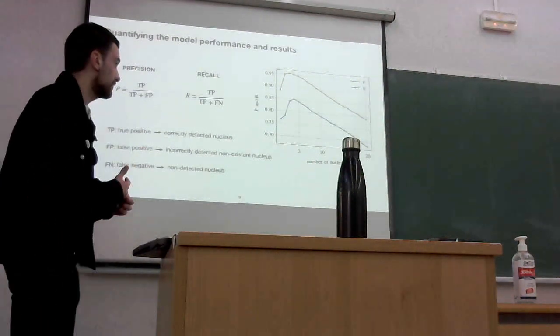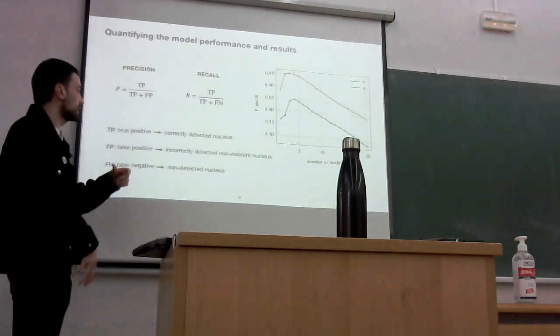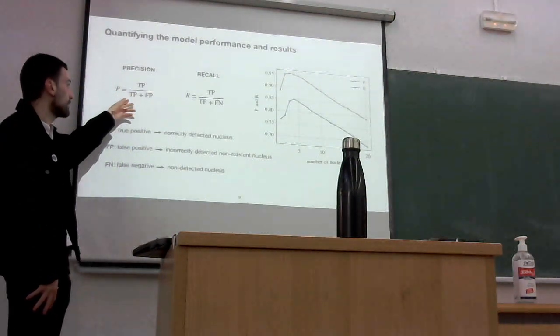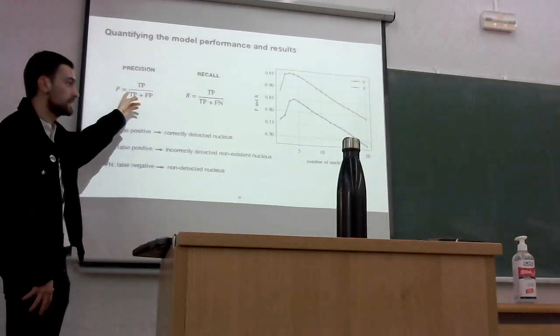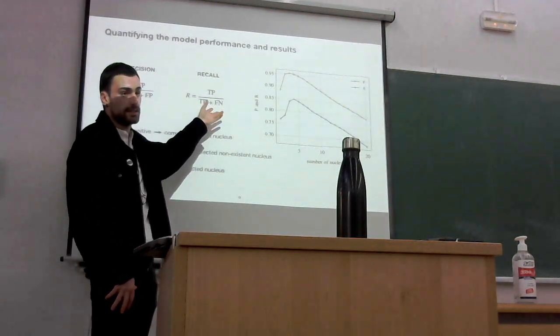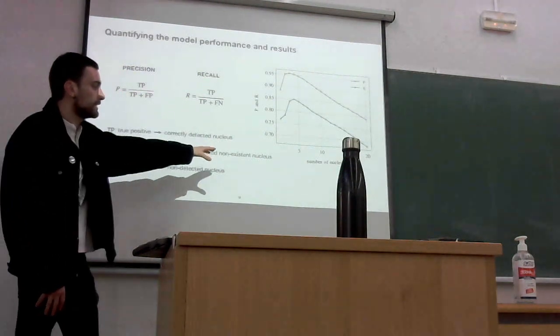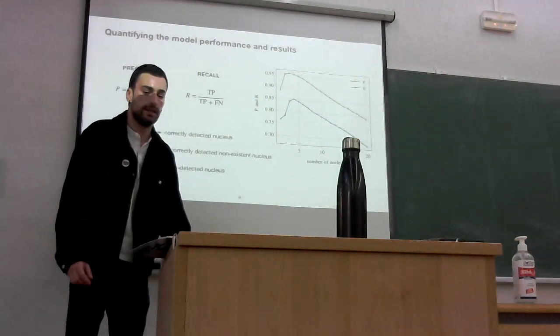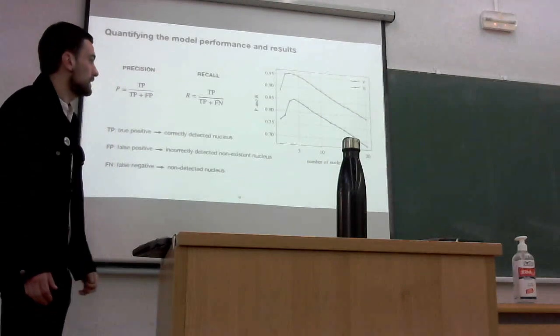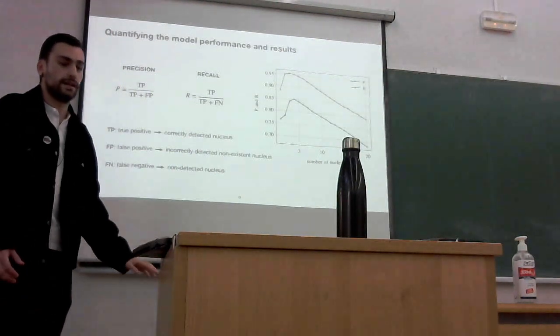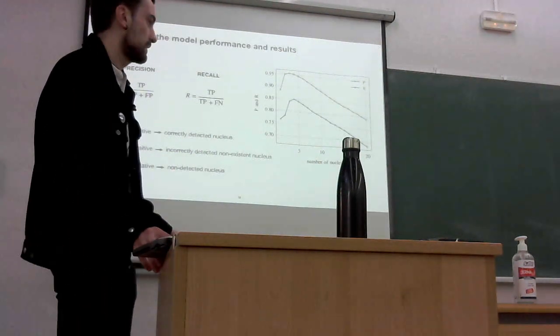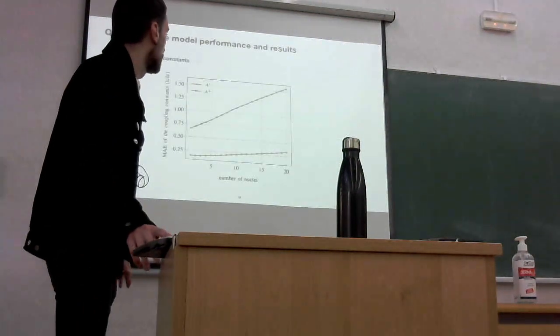In this way we can define how good the detection is in comparison to the false positives in this case, and to the false negatives in this other case: precision and recall. And we can plot them for the different numbers of nuclei in each sample. Here all these plots are for the high magnetic field scenario, but it was just an example.